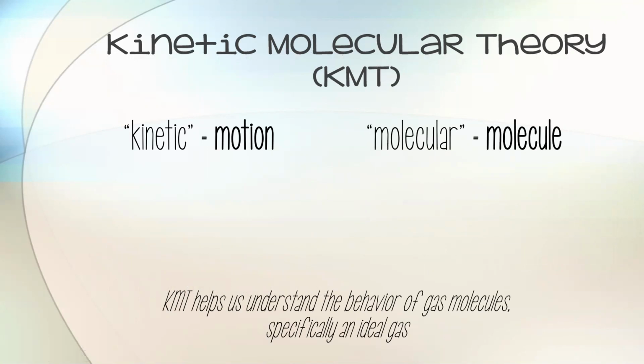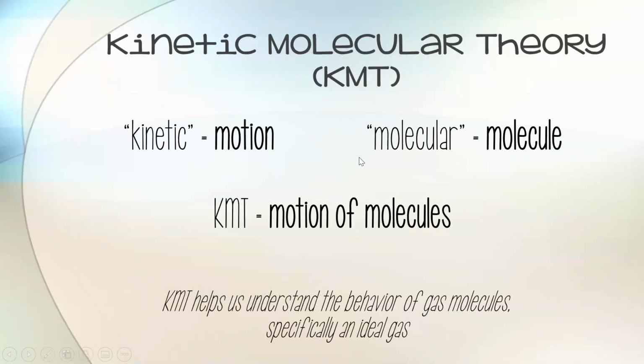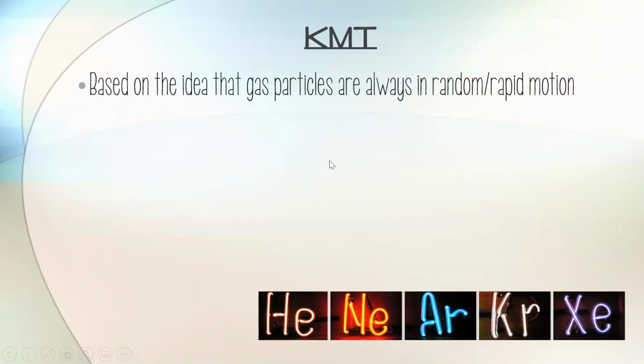So we're talking about molecular movement or motion and the theory behind that. So KMT, the kinetic molecular theory, is the motion of molecules, specifically gases. Based on the idea that we just said, gases are always in a random, rapid motion.